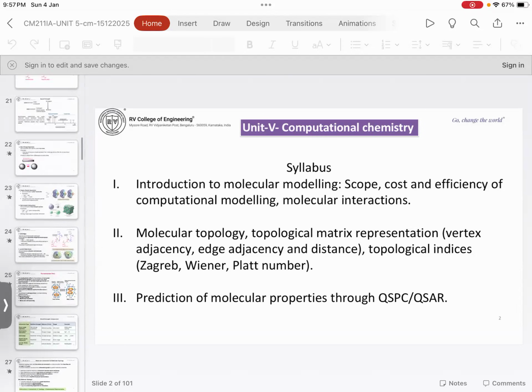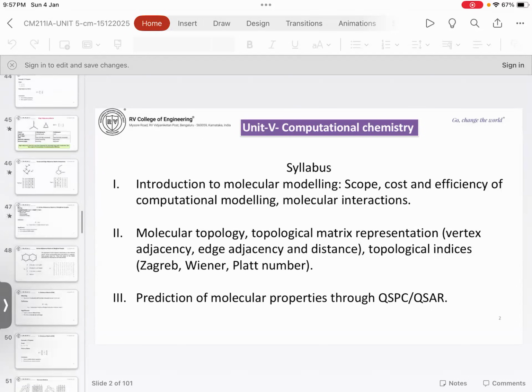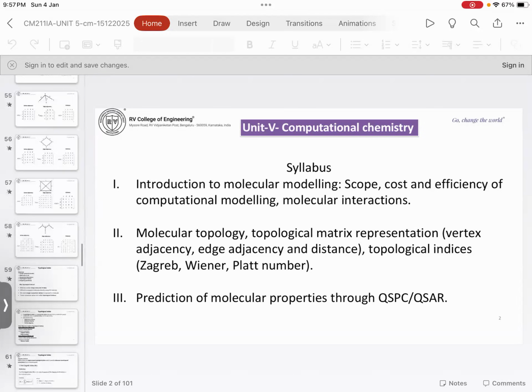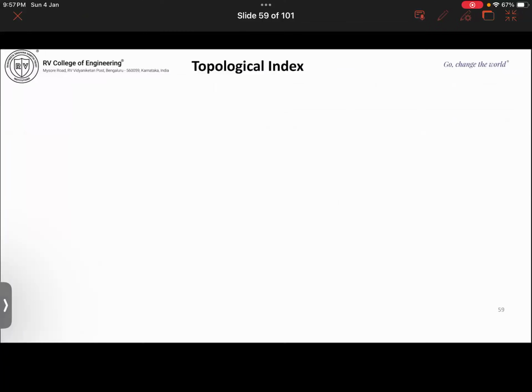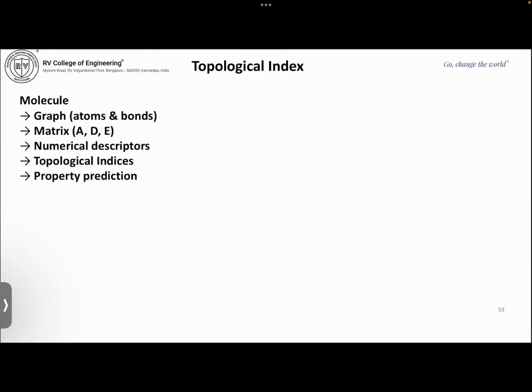Let me go to that slide. Topological index. We know that the chemical molecular formula or structural formula is represented in the form of a graph, having atoms and bonds, and those structures are represented in a mathematical form by matrix representation. One is the vertex adjacency matrix, distance matrix, and edge adjacency matrix, discussed in the previous video.